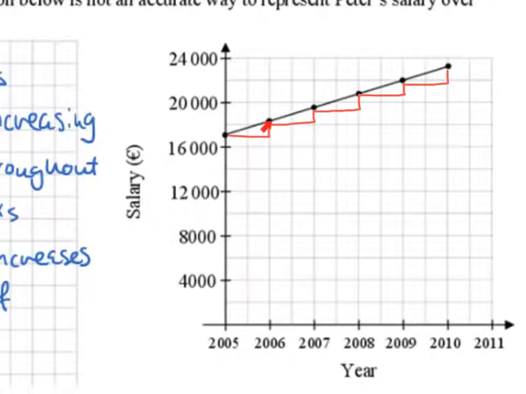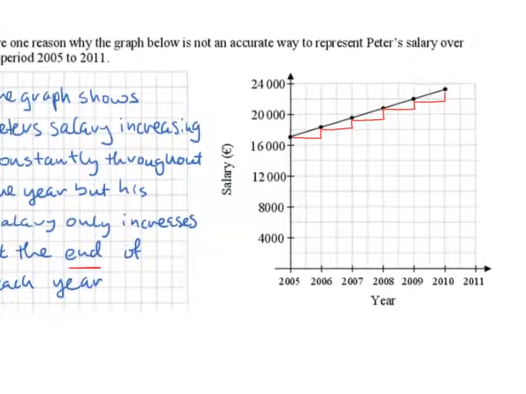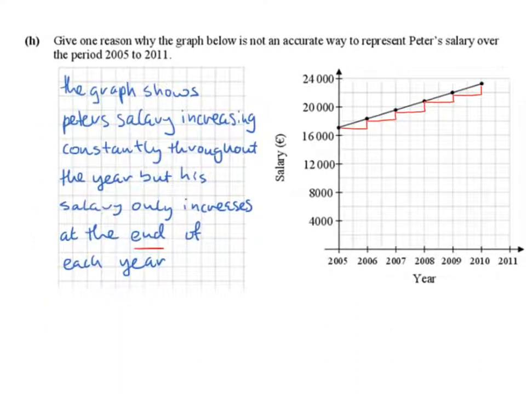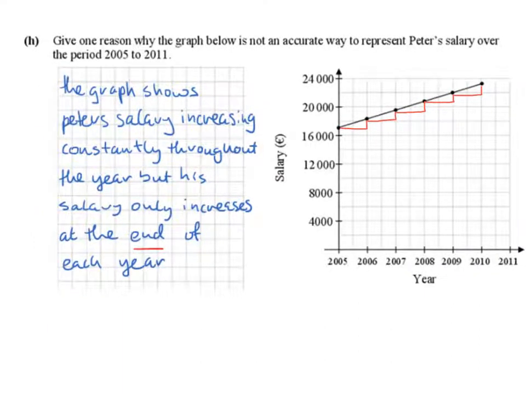And then again it stays the same for 2006, and it goes up at the end of the year to the next salary point, and so on. So although linear or arithmetic sequences should show a straight line if they're drawn out on a graph, in this particular question it would not.